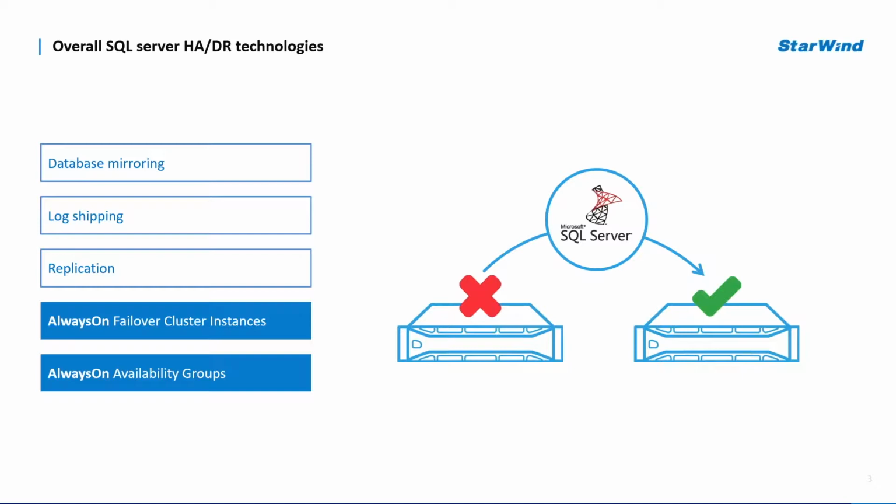Database mirroring provides protection for a single user database to one secondary mirror server. That server can be connected either synchronously or asynchronously. The main principle of database mirroring is forwarding transactions from the primary server to the mirror server, which takes only a couple of seconds.